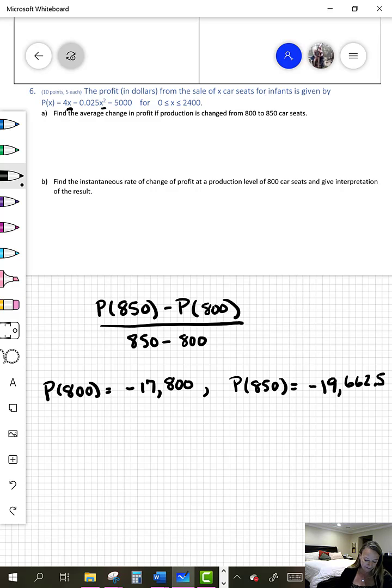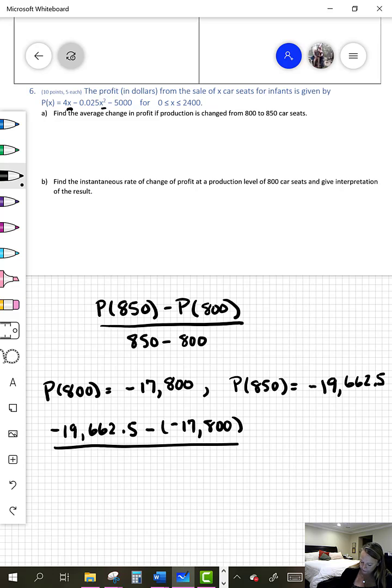So the average rate of change, we have this negative 19,662.5 minus this negative 17,800 all over 850 minus 800, which is 50.